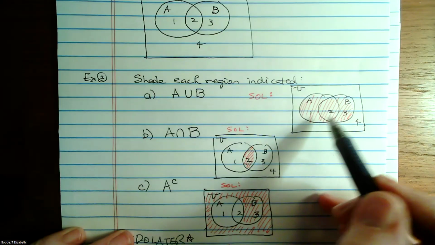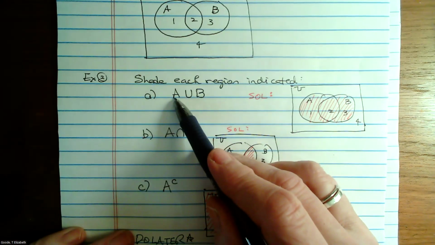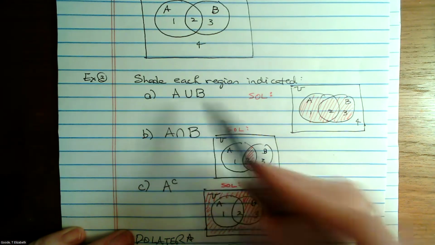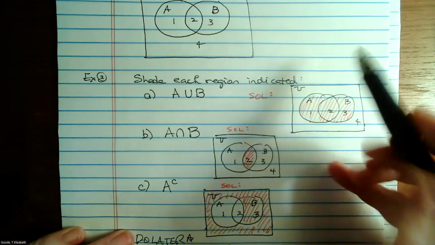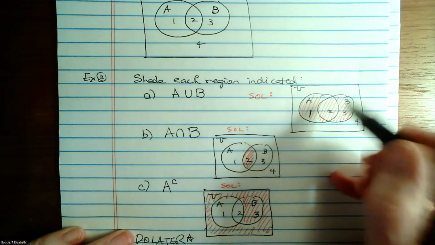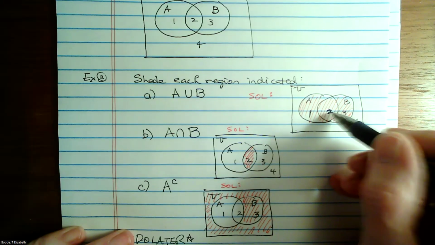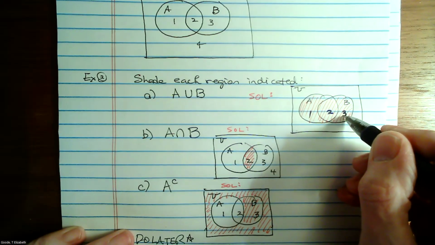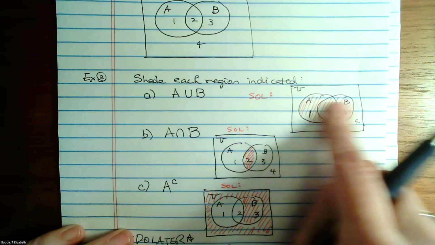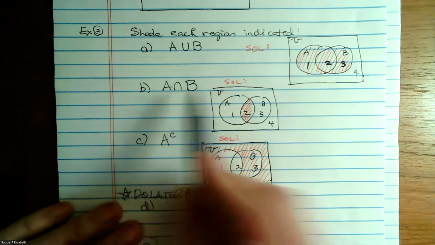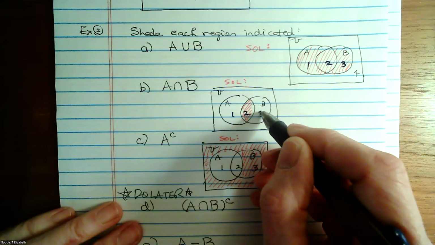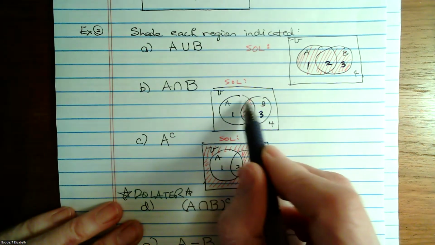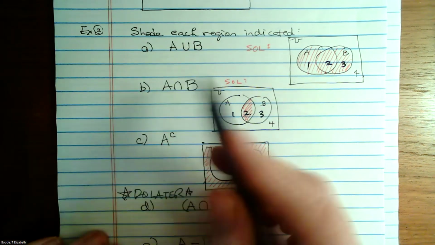So if we shaded the region indicated by A union B, it would consist of the part that's region 1 and the part that's region 2 and the part that's region 3. You would just shade these three regions. Whereas, of course, A intersect B is just this cat's eye region 2 that represents the parts of the diagram that are shared by A and B. And that's what the intersection is.